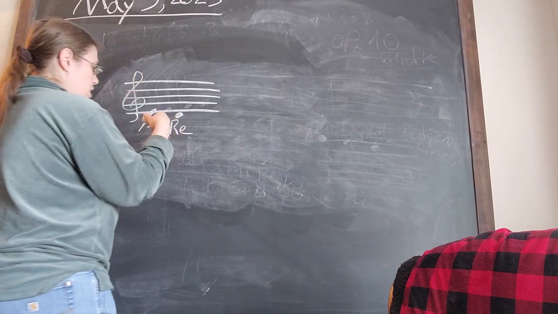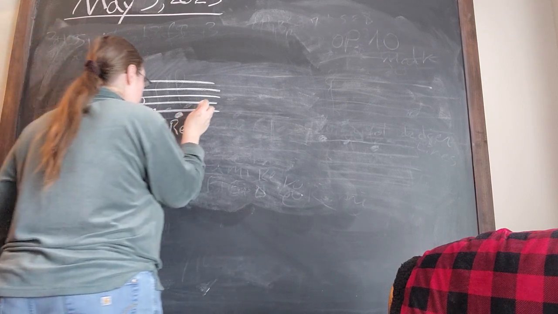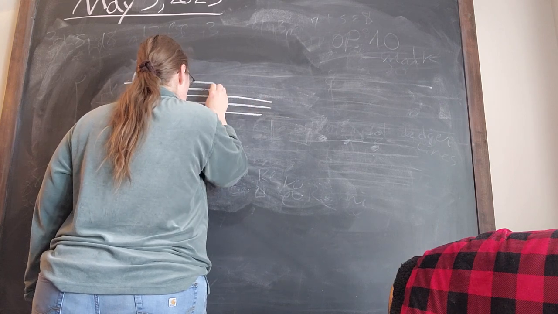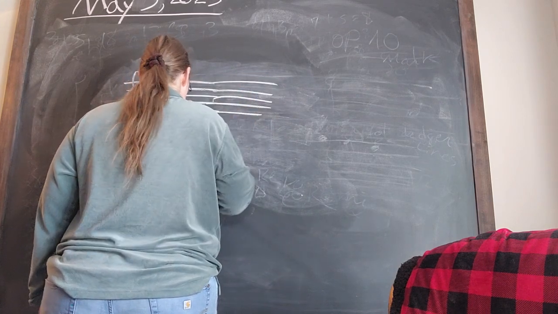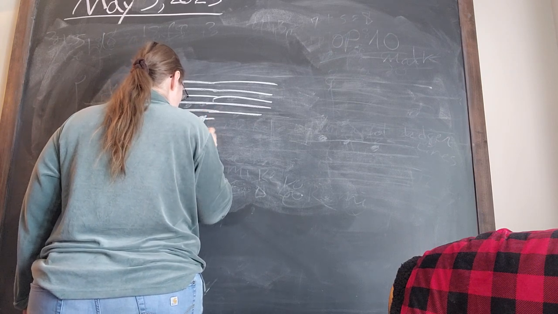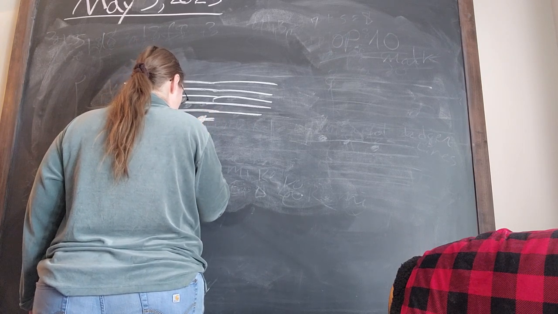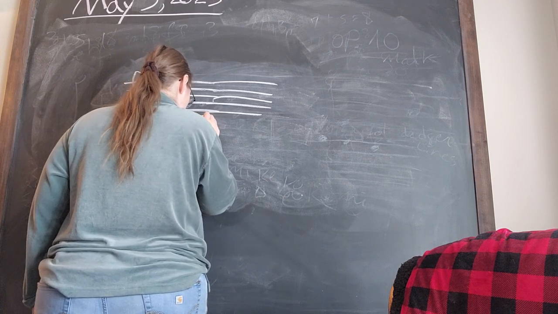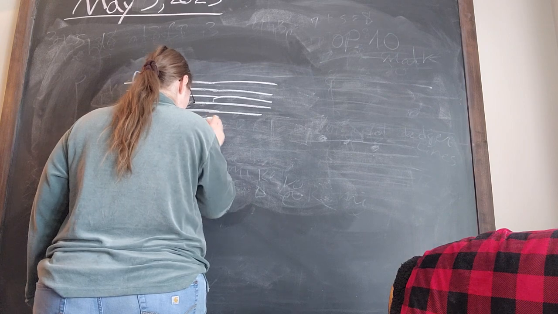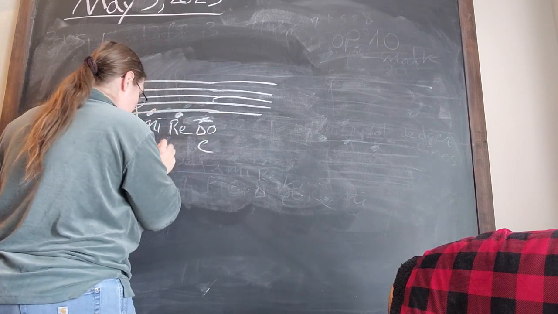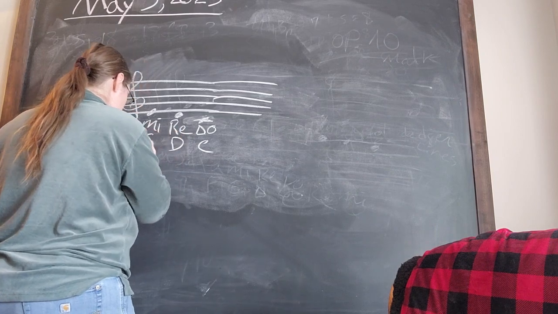And how the lower notes on the treble clef without the bass would look something like this. This is that middle C or do. This is D, this is E.